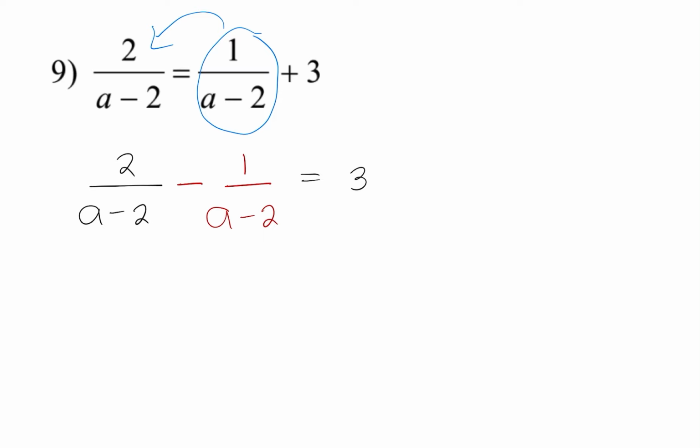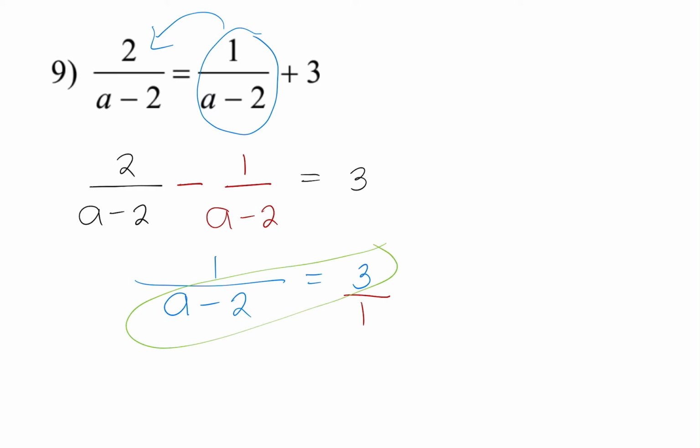As I move that number, notice that the denominators are exactly the same this time. I do not need to multiply anything. So my numerator will just be 1 equals 3. Because we have a rational on the left hand side, I'll make the right hand side a fraction. Let's cross multiply. We'll have 3 times a minus 2, 1 times 1 is 1.